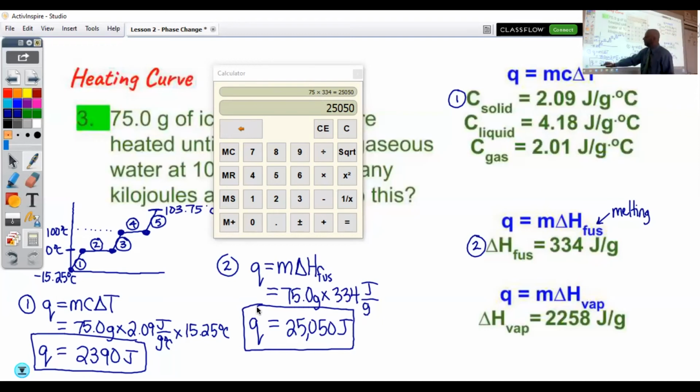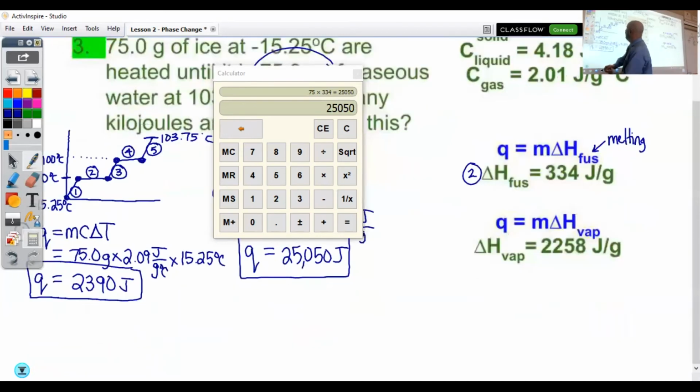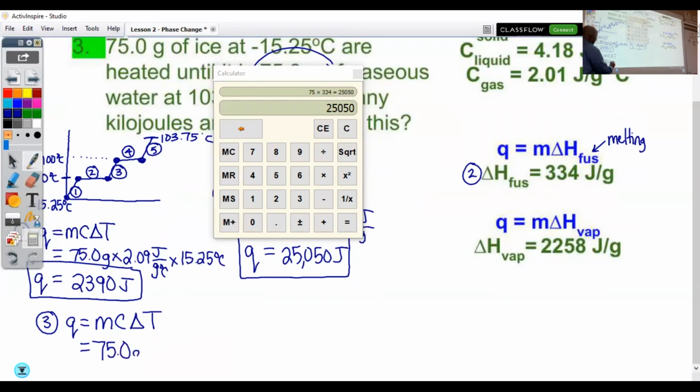So in part 3, we're once again changing temperature. So we're going from water at 0 degrees up to water at 100 degrees. So for part 3, we have Q equals MC delta T. Our mass is going to remain a constant at 75 grams. This time we're using the C value for water as a liquid, the 4.18 joules over gram degrees Celsius.